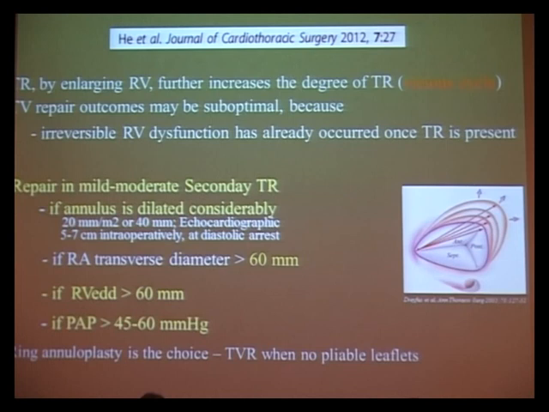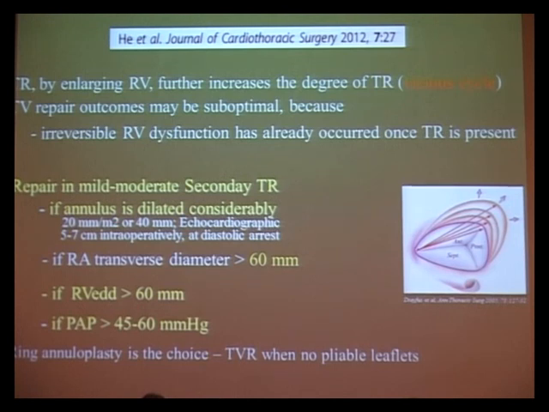Repair in mild or moderate secondary tricuspid regurgitation, we decide like this: if the annulus is dilated considerably, as I mentioned, over 40 millimeter, if the right transverse diameter is over 60 millimeter, if the right ventricular end-diastolic diameter is over 60, if pulmonary artery pressure is over 45 or 60.